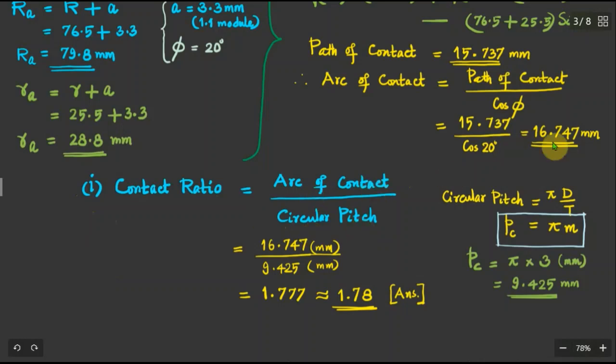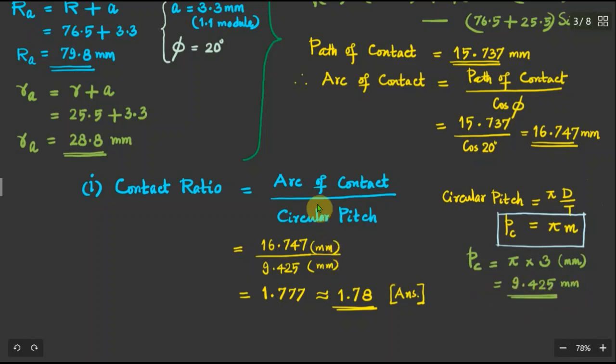Arc of contact is 16.747 millimeters divided by circular pitch. Now circular pitch, denoted by P suffix C, is equal to pi into module, that is pi into d by t. Here the module is 3 millimeters, therefore circular pitch PC is equal to 9.425 mm.